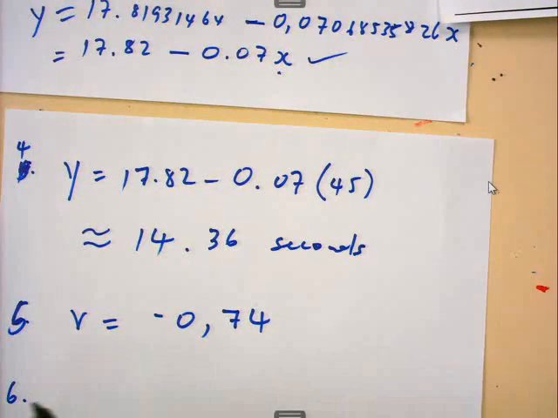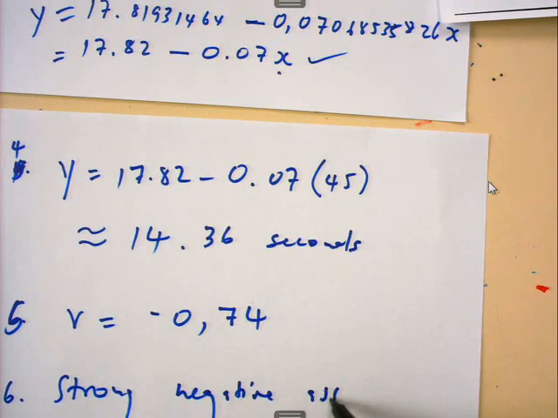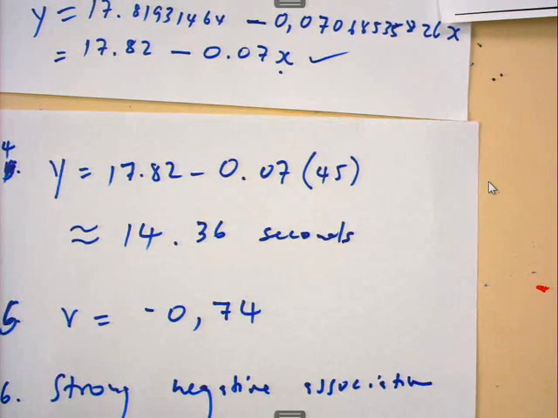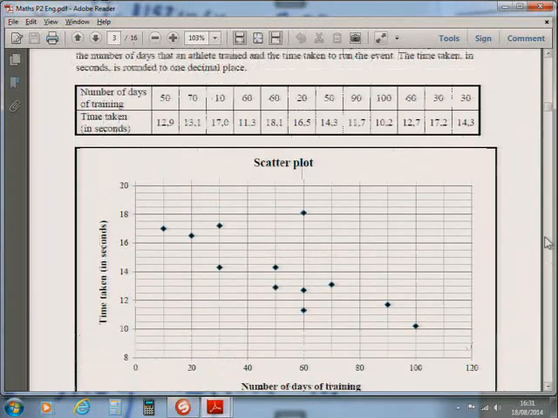Then we can write there: strong negative association between the number of days of training and time taken to run the race, to complete the sprint.